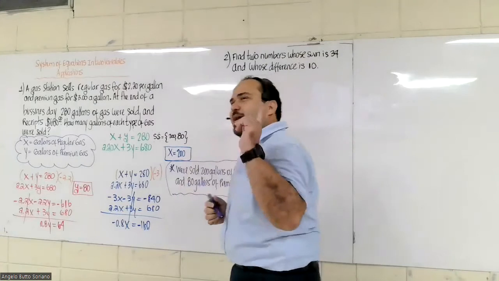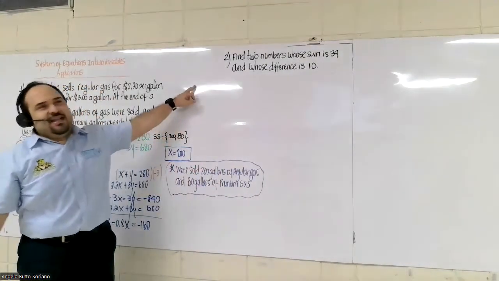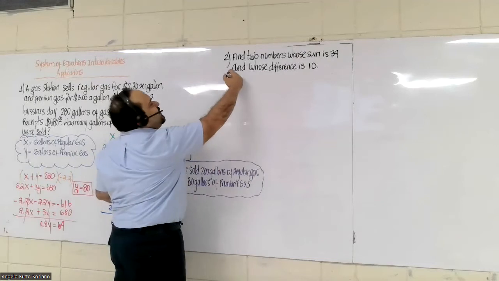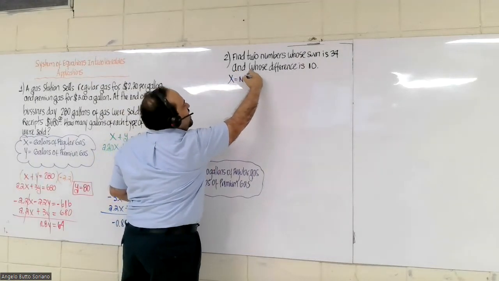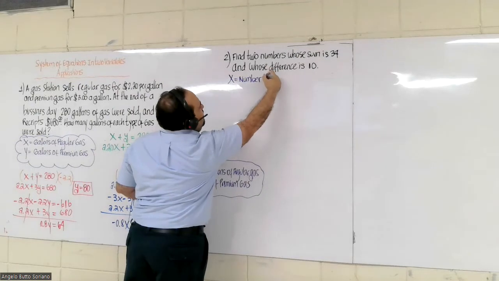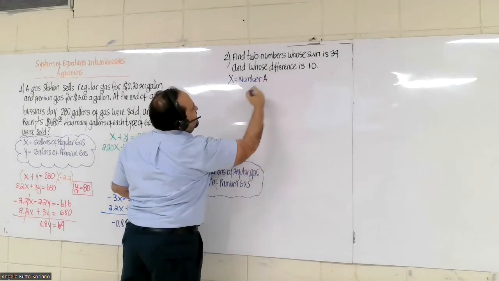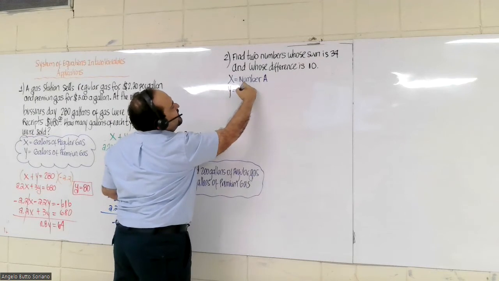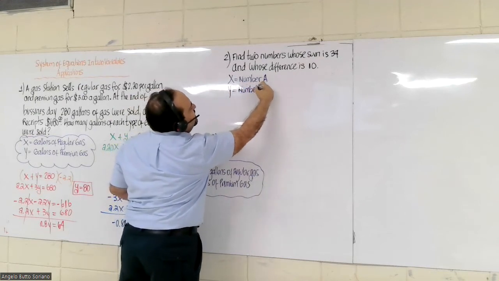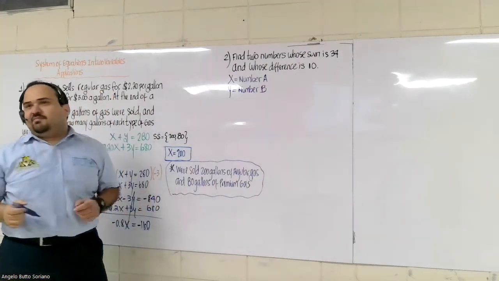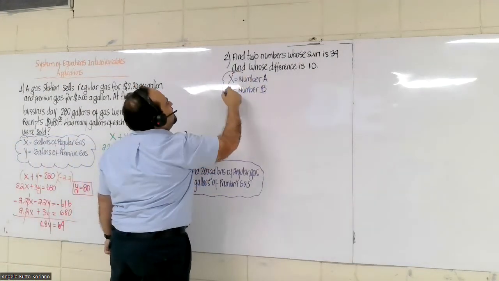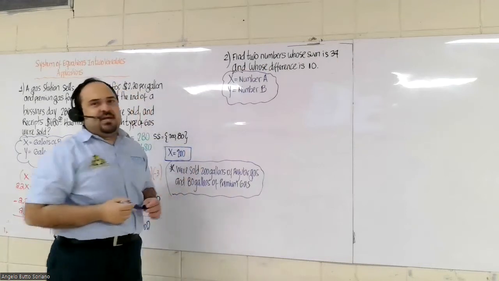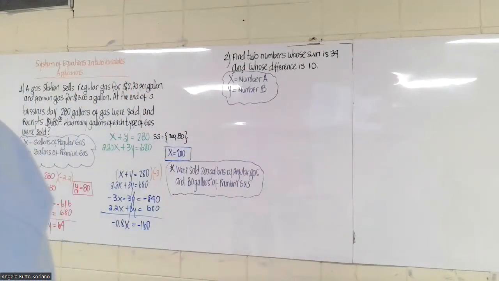Quickly. All right. The letter x represents number 1 and y represents number 2. To create the system of equations in this problem, it's simple because they're asking for two numbers whose sum is 34.